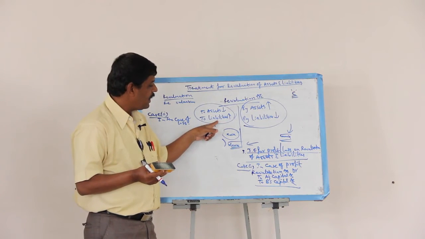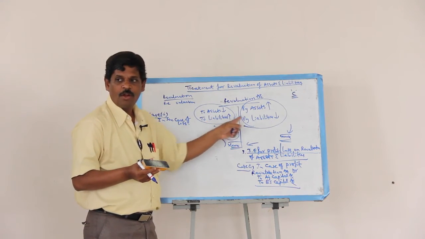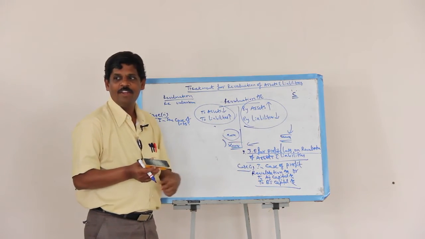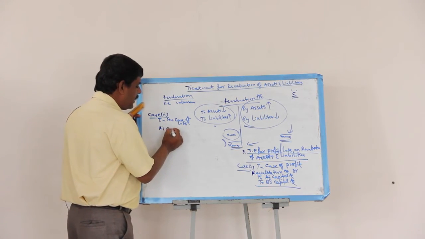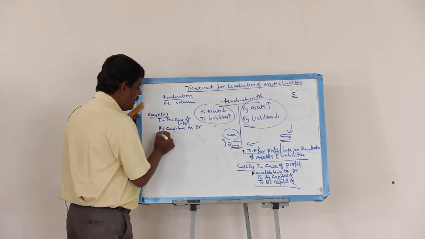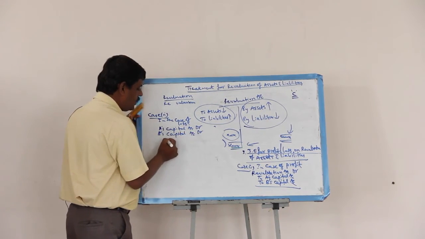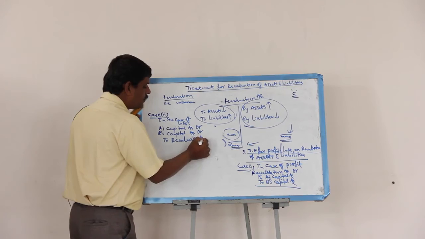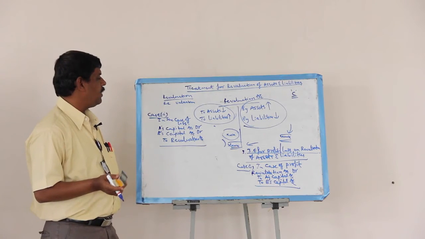Similarly, in liabilities, increase is more, reduction is less. So your firm is going on taking loans, not paying loans. Then you are getting a loss on revaluation of assets and liabilities. In that case, your entry will be A's capital account debit, B's capital account debit, to revaluation account.